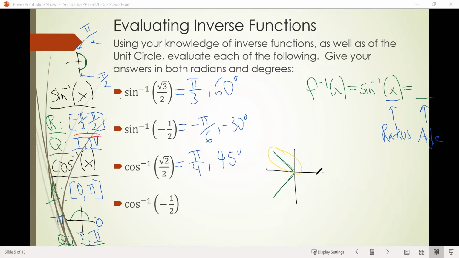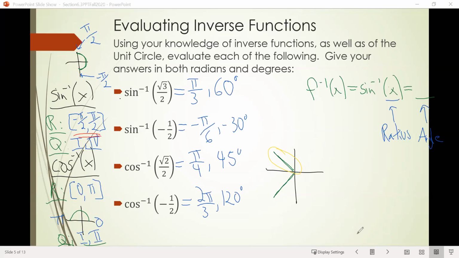So if we think about where cosine is equal to -1/2 in the second quadrant, that would be 2 pi over 3, or 150, sorry, not 150, 120 degrees. Okay, so that's evaluating these using the unit circle.